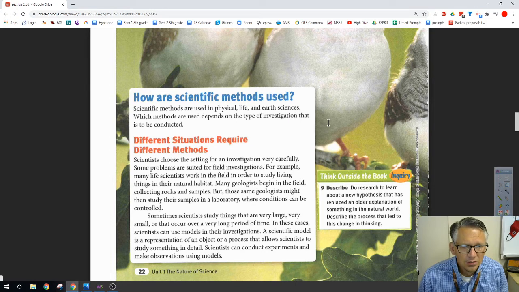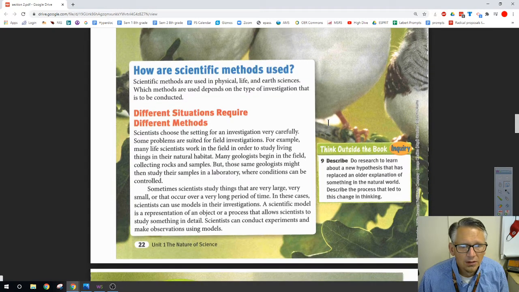Some problems are suited for field investigation. For example, many life scientists work in the field in order to study living things in their natural habitat. Many geologists begin in the field collecting rocks and samples, but those same geologists might then study their samples in a laboratory where conditions can be controlled.